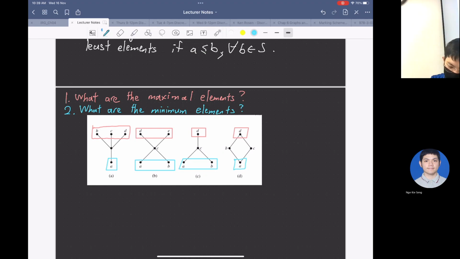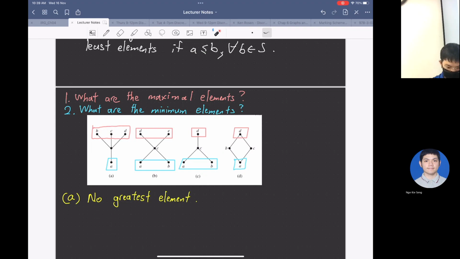Out of these, is there any greatest element in A? No, there is no greatest element. Why? Because B, C, D are not comparable, so we don't know which one is the greatest. To be the greatest, you need to be greater than all of the others.